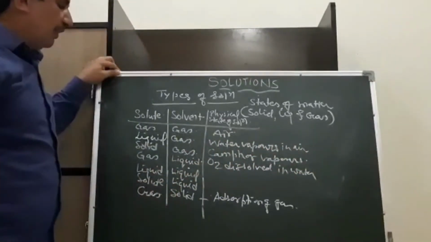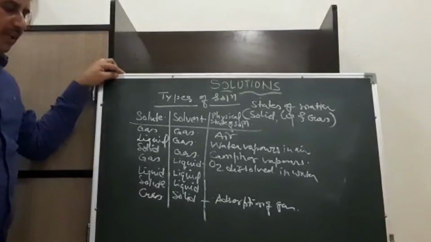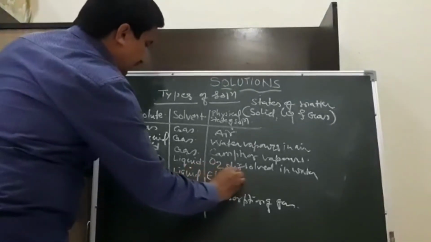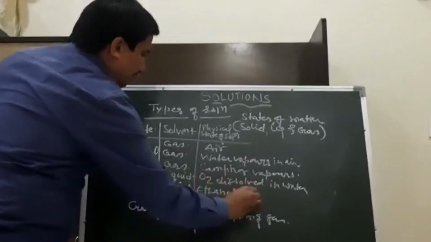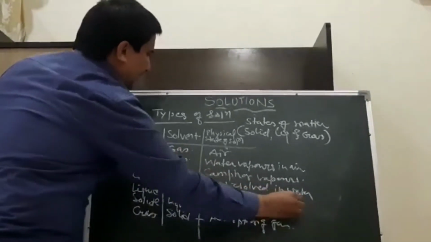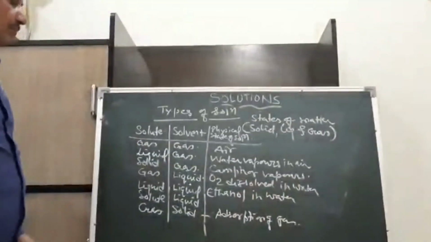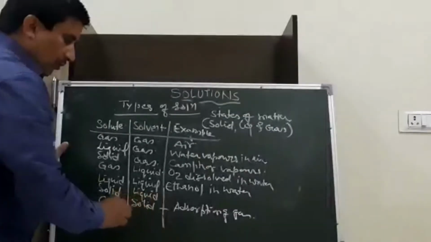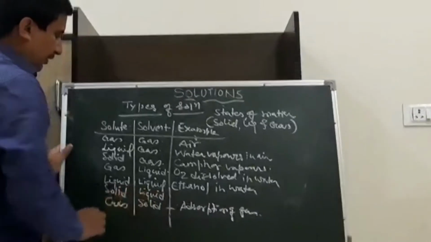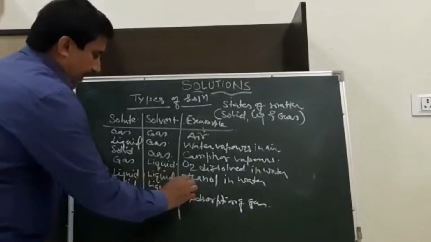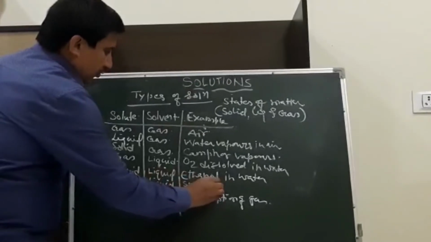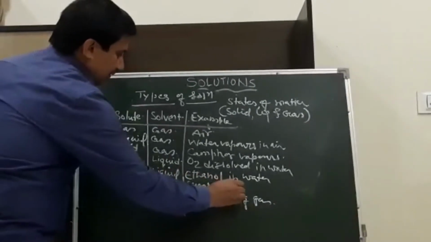Next, liquid in liquid may be ethanol in water. Solid in liquid may be sugar dissolved in water.